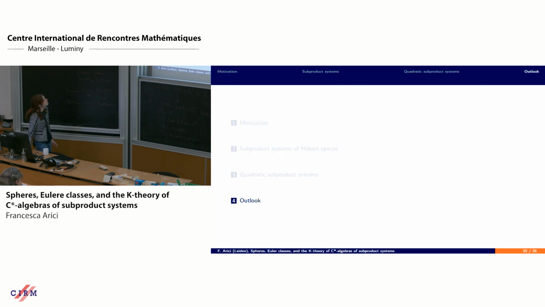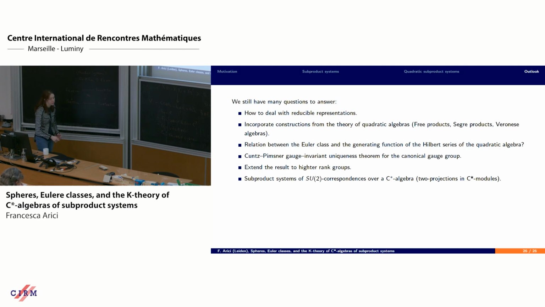Okay, so let me summarize and talk about some possible open questions that we have. So the first thing that, of course, one will want to do, comparing with the work we did with Jens, is try to understand what happens if the representations you start from are no longer irreducible.